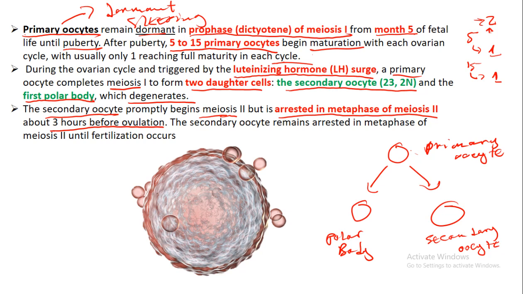The polar body will degenerate, and the secondary oocyte will continue the process, but it is arrested at metaphase 2 of meiosis and remains dormant until fertilization occurs. That's why a woman has to wait for the sperm to fertilize the egg to be pregnant. That's why a pregnant woman doesn't undergo menstruation, because the egg has been fertilized and some changes have been made.